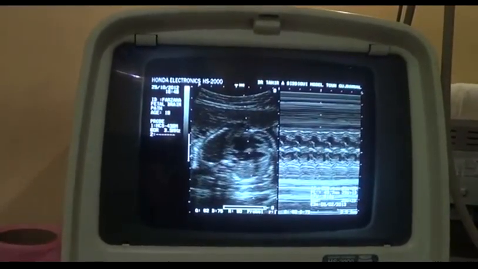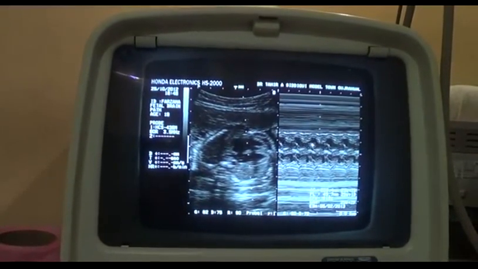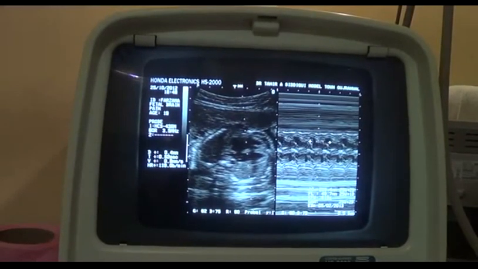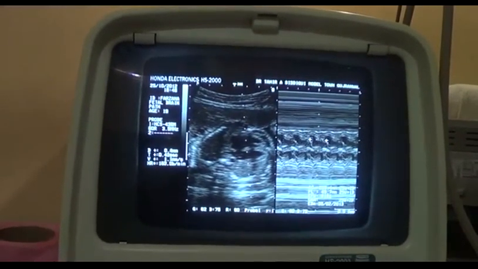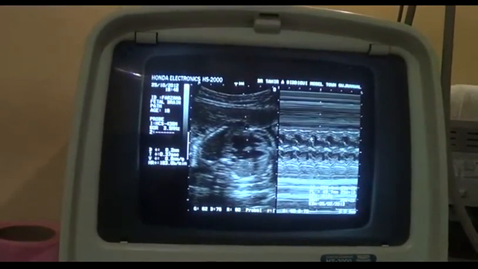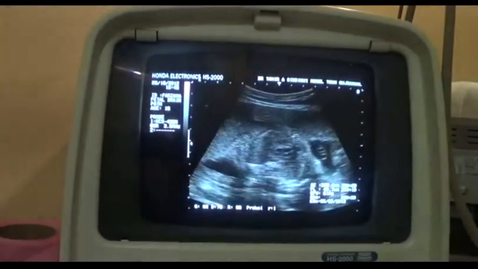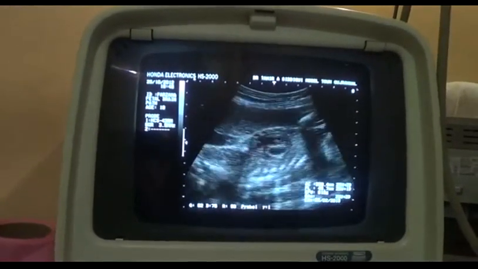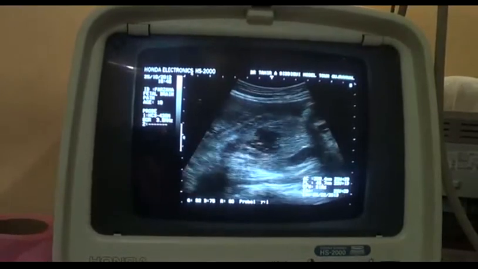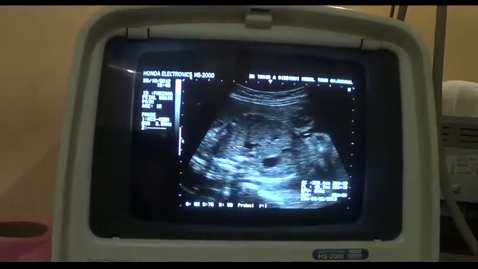However, the waveform is normal. The cardiac activity, well, 163. So nothing abnormal is seen relating to the chest, the liver is okay.